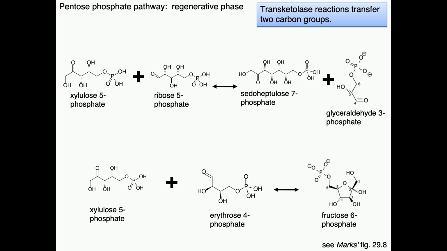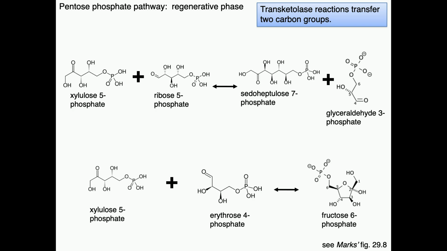So the transketolase reaction is transferring 2 carbons from one substrate to another. We've seen how we can get ribose 5-phosphate and xylulose 5-phosphate from ribulose 5-phosphate. If we have these two substrates, the transketolase can take 2 carbons from one of them and add those 2 carbons to another one.